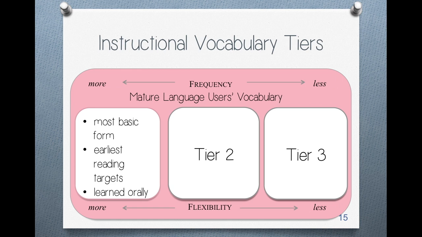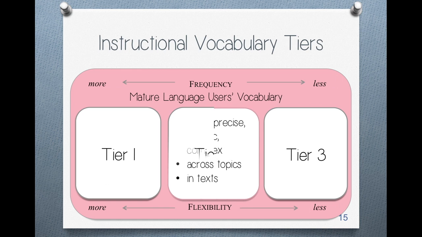The Tier 2 words, which is the next level, those are more abstract words, and those are considered the best words to target for instruction, because they're rich and they're interesting, and yet they're still more flexible than the more precise Tier 3 words, which we'll get to in a minute. So as compared to Tier 1, Tier 1 is sort of your most basic way of saying something.